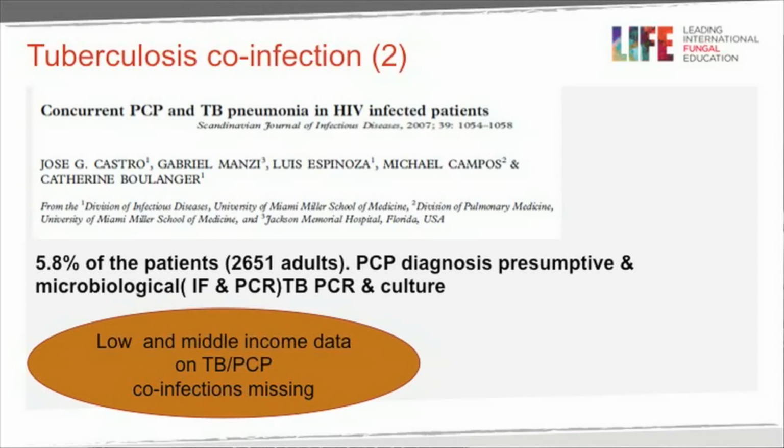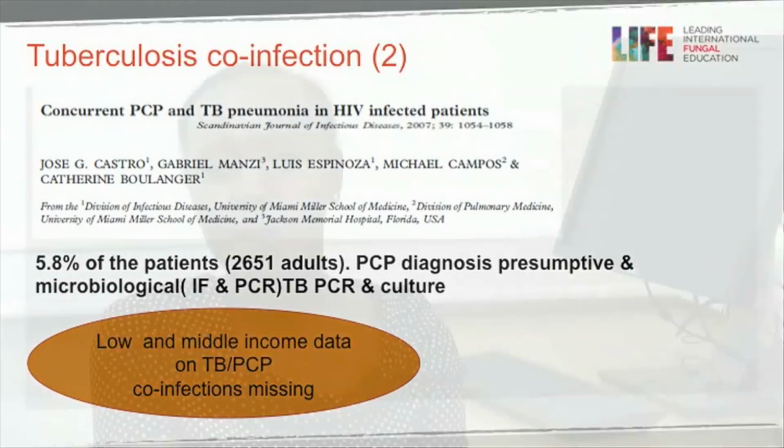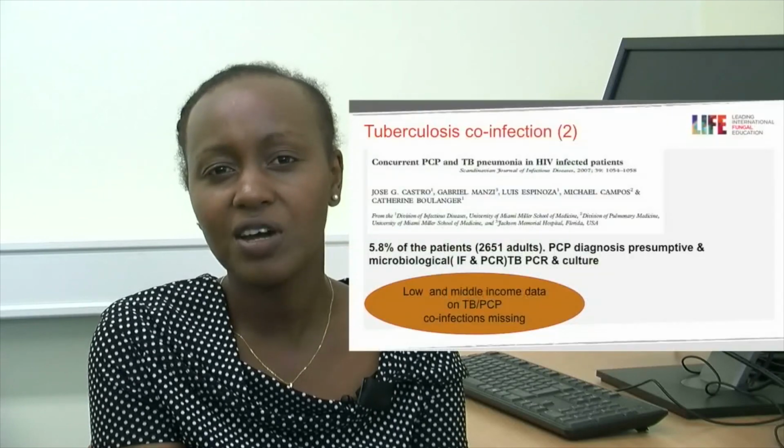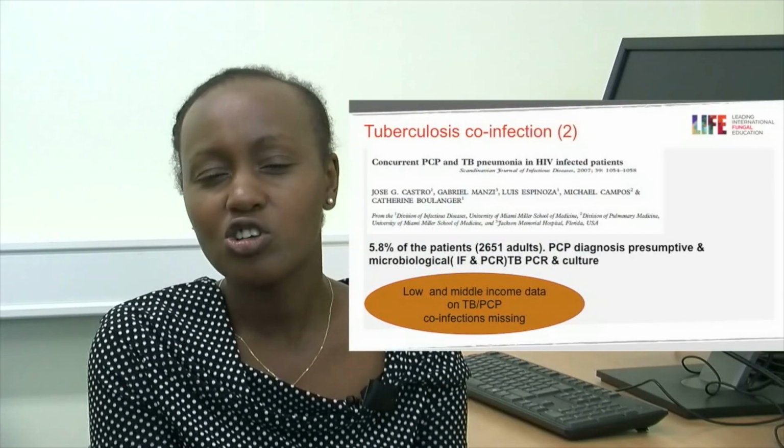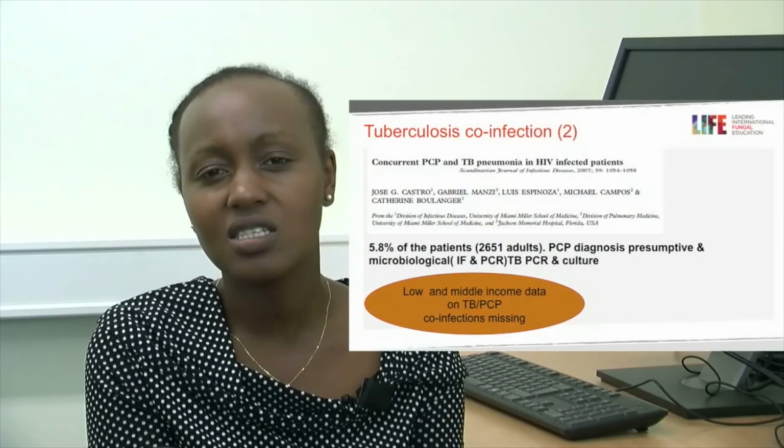This study was done in a high-income country. So basically, there is data missing in low and middle income countries, knowing that we have a high TB burden, on the co-infection rates of Pneumocystis and tuberculosis.